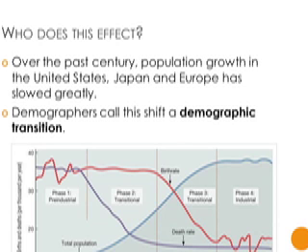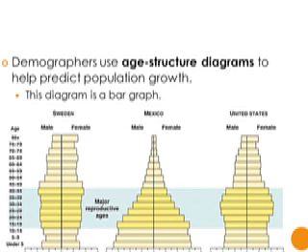Over the past century, population growth in the United States, Japan, and much of Europe slowed greatly. Demographers called this shift a demographic transition. The transition began when death rates fell, causing a brief rise in population growth. Then birth rates fell, slowing population growth, and most people live in countries that still actually have a high population growth. Demographers use age-structured diagrams to help them predict population growth.